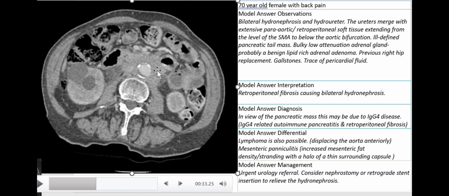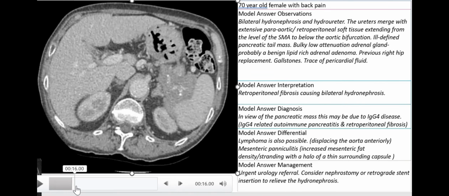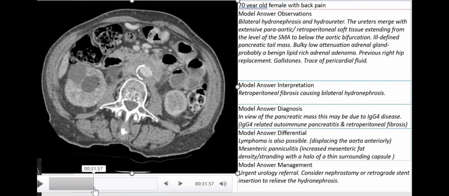So when you see a retroperitoneal fibrosis, try to find other parts of IgG4 related disease like autoimmune pancreatitis, seen as an ill-defined pancreatic mass. So this is the diagnosis.